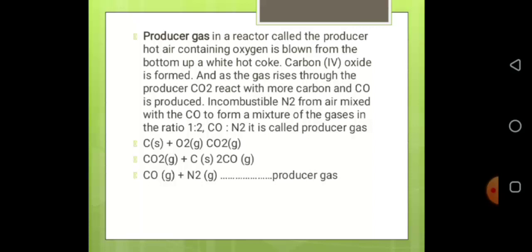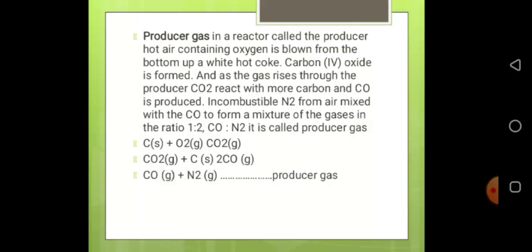Carbon monoxide and the nitrogen molecule mixture is called the producer gas. So carbon monoxide and nitrogen are gases, and these are what we call the producer gases.